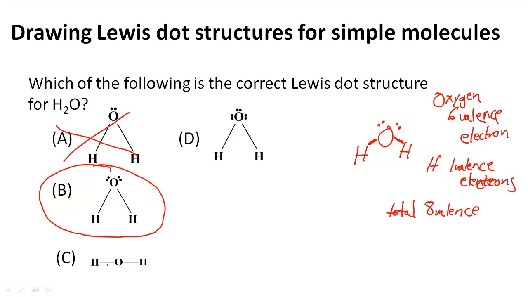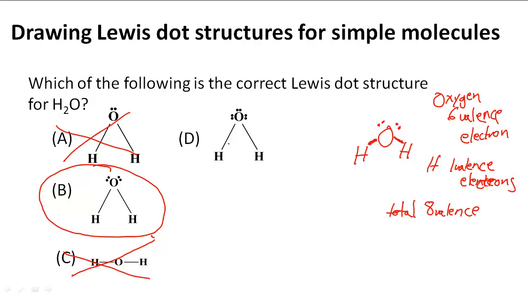C shows us only 1, 2, 3, 4. Remember the lines count for 2 valence electrons each, only 2 lines, so that shows us we only have 4 valence electrons interacting here, and we know that's not true because we already know that oxygen has 6 valence electrons. For D, notice that they have 1, 2, 3, 4, 5, 6 valence electrons around oxygen.